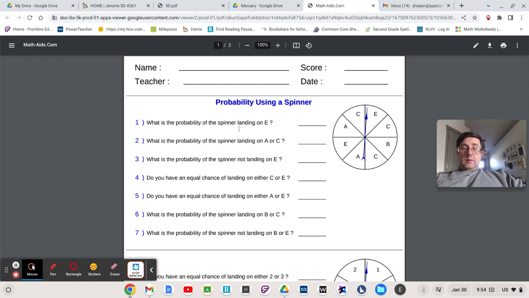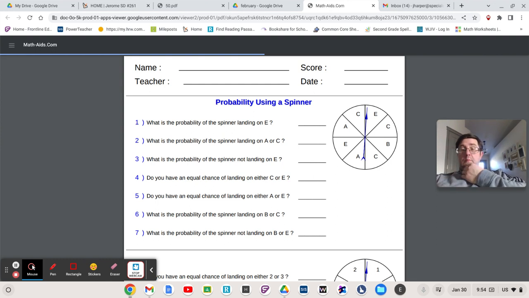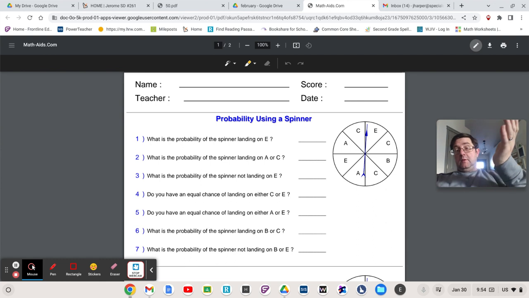What is the probability of the spinner landing on E? Oh, here we're dealing with the letters again, but there are more letters. The more letters or the more spaces you have, usually the lower the probability of landing on any one would be.